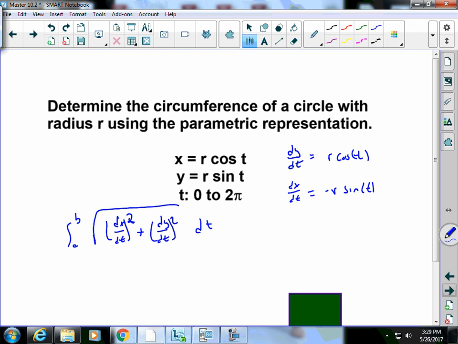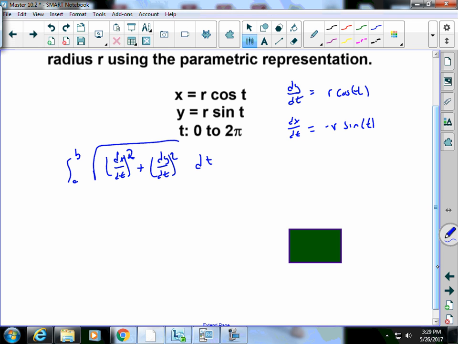So we have our dx/dt, we have our dy/dt. I'm going to go from 0 to 2 pi. (dx/dt) squared gives me a positive r squared sine squared t. Plus my dy/dt, which is r cosine t.